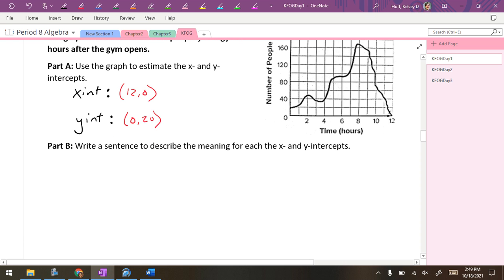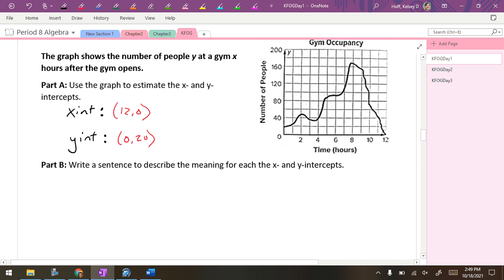Now, reminding yourself, x is time in hours, y is number of people. I want you to tell me what the x-intercept means. I want everybody to think. X is time, y is the number of people.